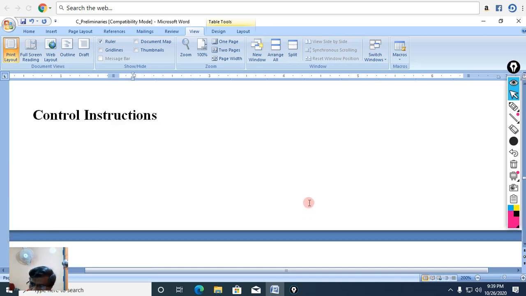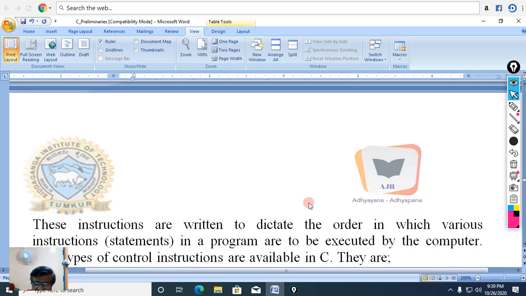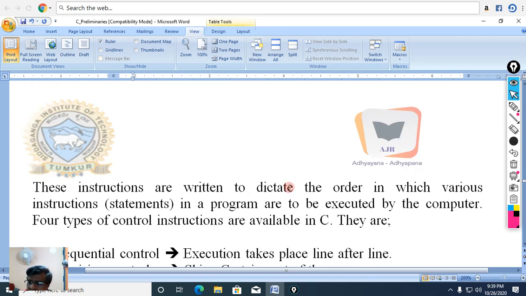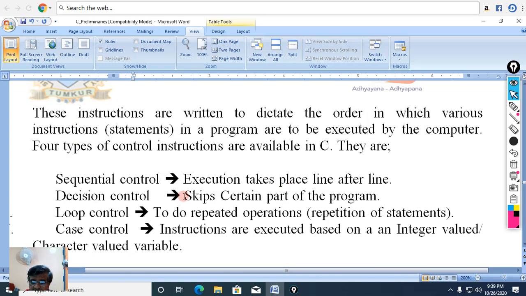Control instructions are also there. They will also look like sentences or groups of sentences. These instructions are written to dictate the order in which various instructions are to be executed. Control statements will predicate the order in which various instructions are to be executed in a computer. It could be a sequential control construct.